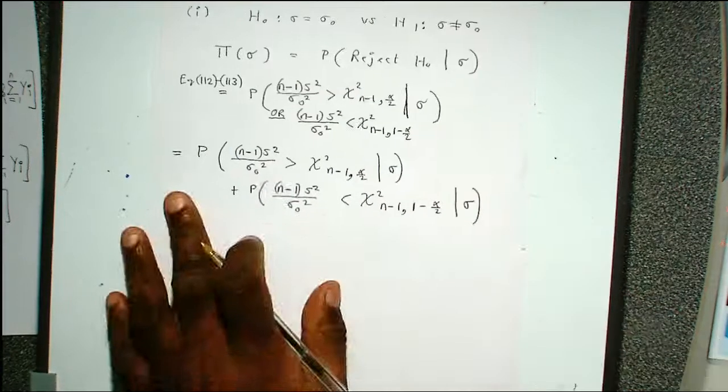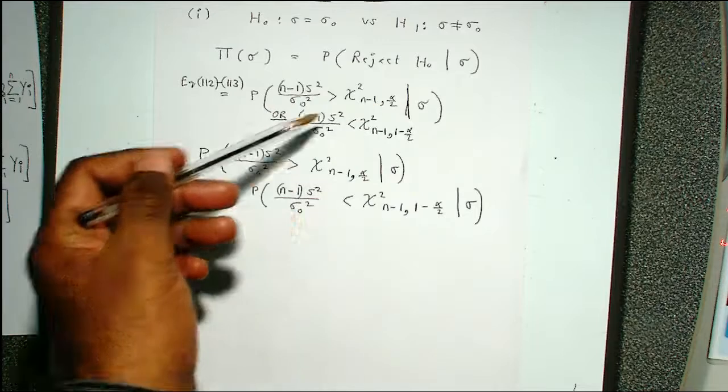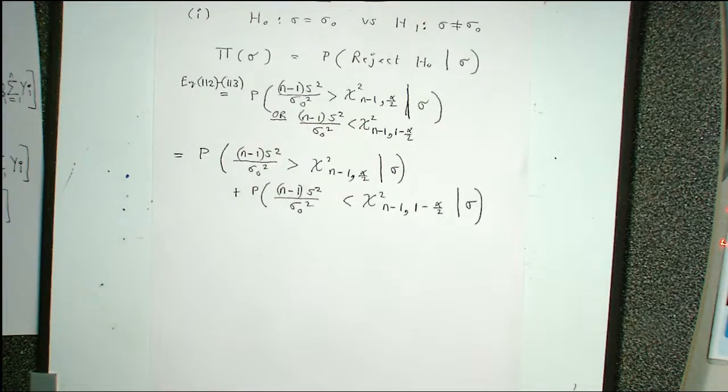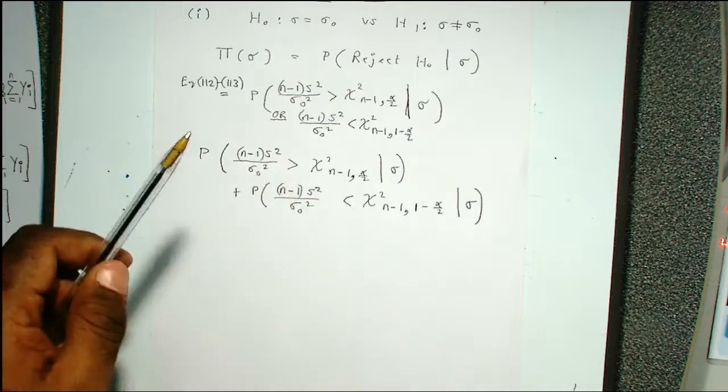So that's using the fact that the 2 events, this event and this event, cannot occur together, meaning they are mutually exclusive. So therefore, the probability is the sum of the probabilities, right?